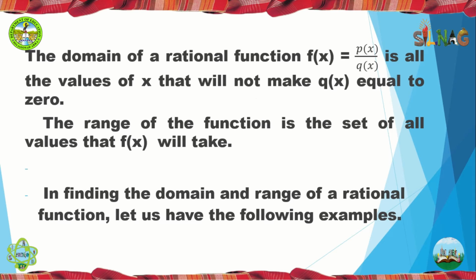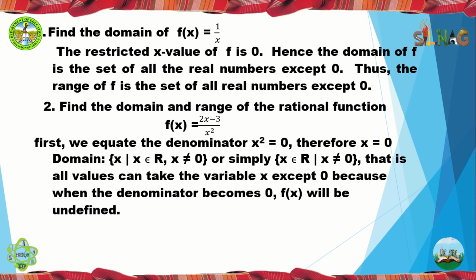Let us have the following examples. Number 1. Find the domain of f of x is equal to 1 over x. The restricted x value of f is 0. Hence, the domain of f is the set of all the real numbers except 0. Thus, the range of f is the set of all real numbers except 0.